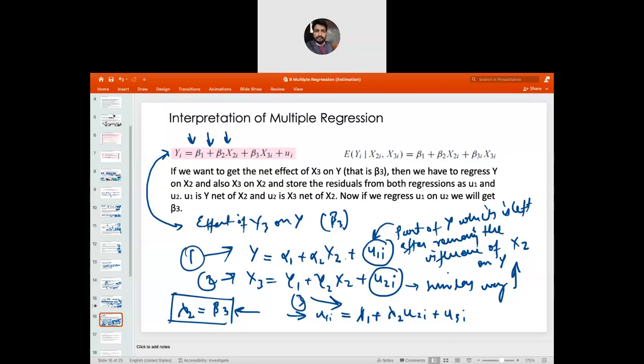And then run the fourth regression, and you will see that beta 3 in regression 4 will be equal to lambda 2 in regression 3. They will be the same, right? So do it yourself. It will take a few minutes.